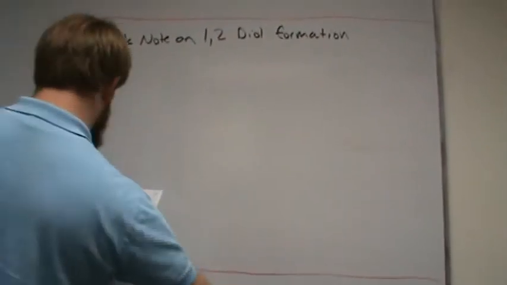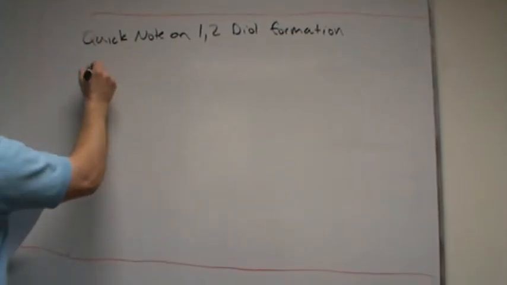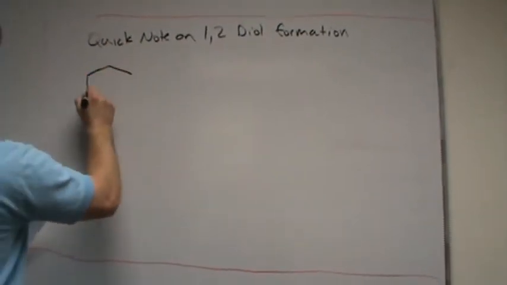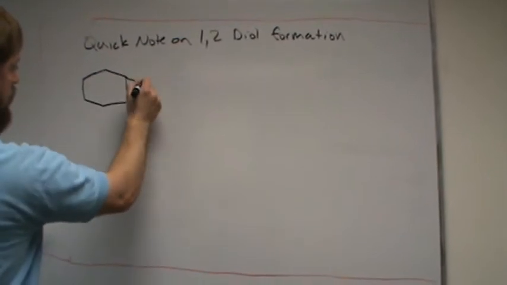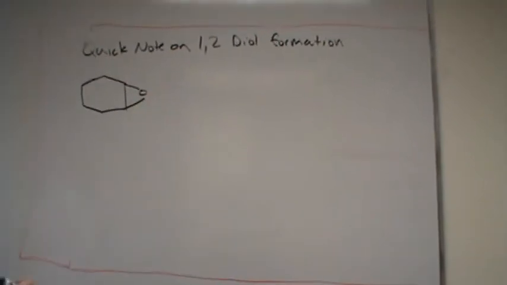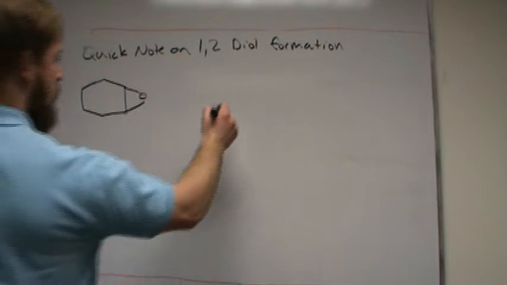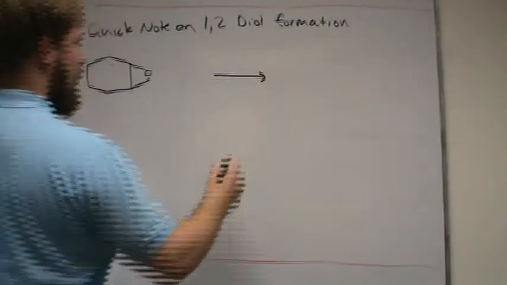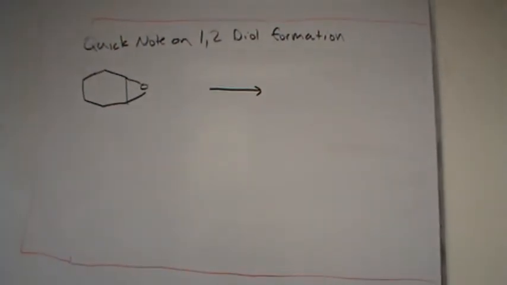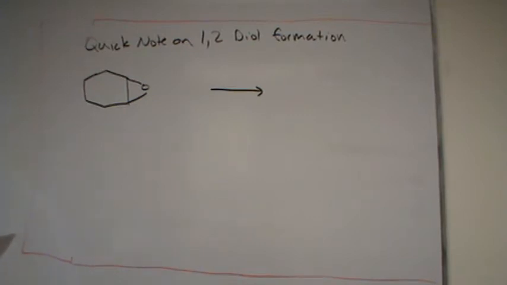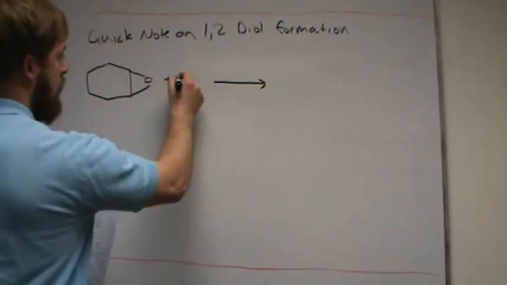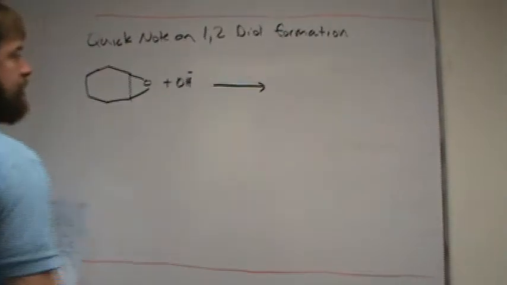So if we have an epoxide like this one that I'm writing here, and if I wanted to form a diol, so 2 alcohols, what should my nucleophile be when I open up the epoxide ring? It should be hydroxide.